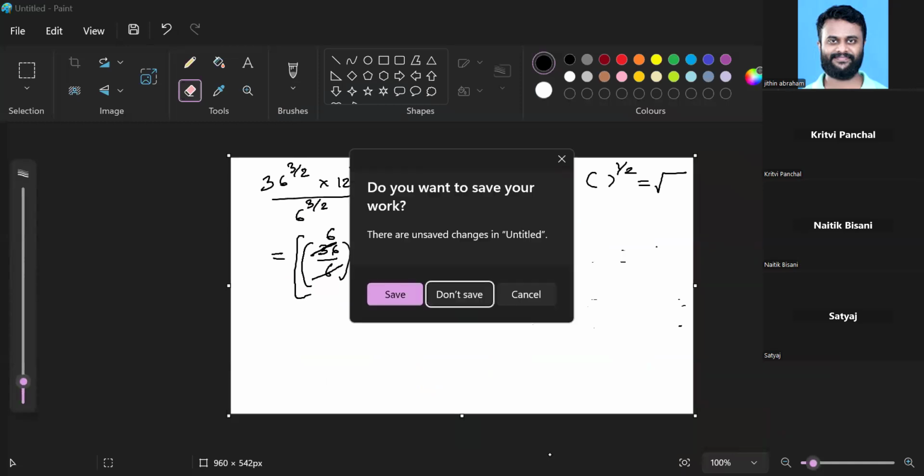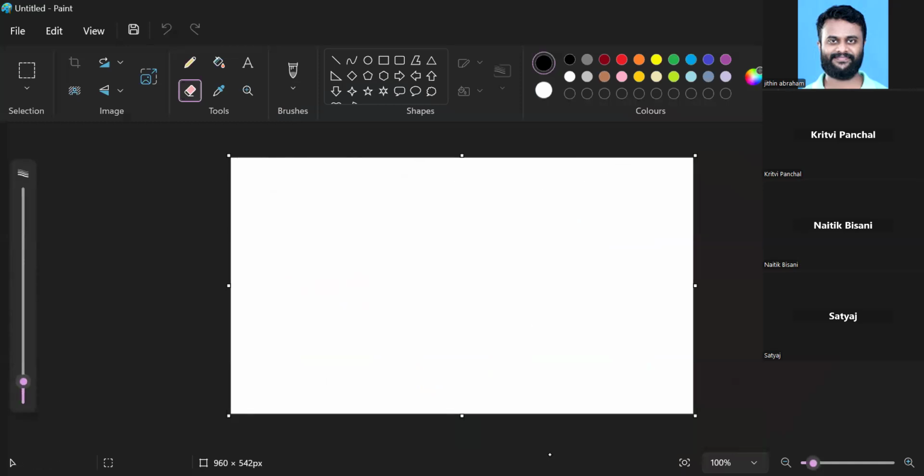For this also, I'll be using the paint screen. Here it is. So first of all, I'll give you the formula. Your question is 107 cube minus 103 cube. Whenever you have a number a cube minus b cube, one method is that you simply find the cube, multiply, find the cube, multiply, then you subtract.